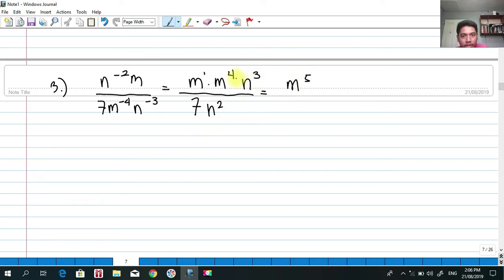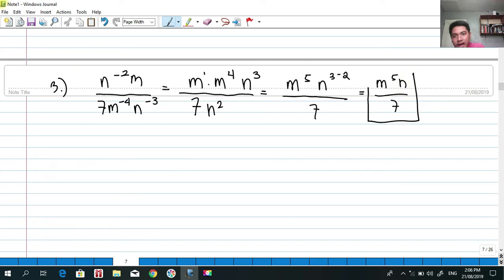And by this property, we can simplify n cubed over n squared. So we have n cubed minus 2 over, of course, 7. So simplifying that, we have m raised to 5. And 3 minus 2 is simply n over 7. So we have this answer, no negative exponents. Very simple answer.